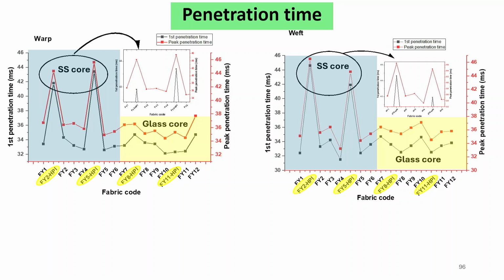Now, in these curves we see the penetration time for both SS core and glass core; this curve is for warp and this one is for weft.